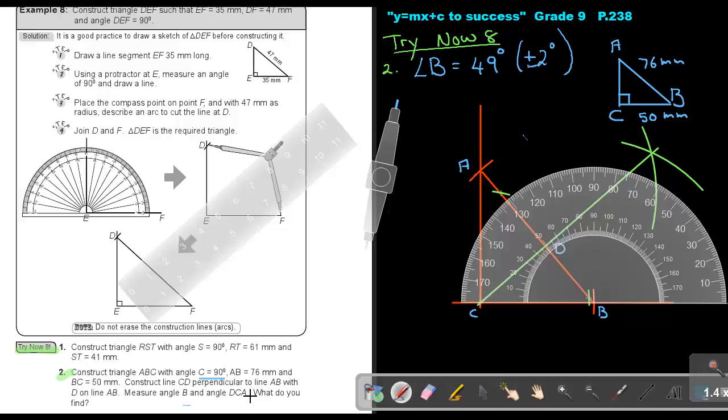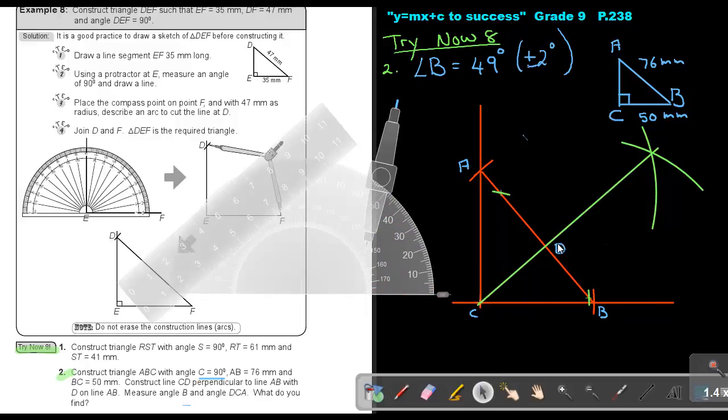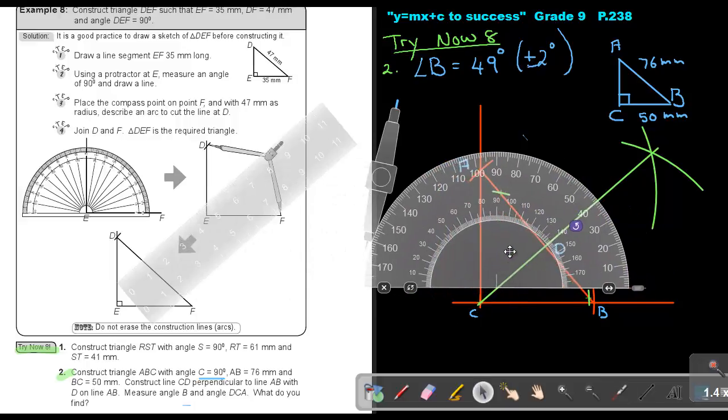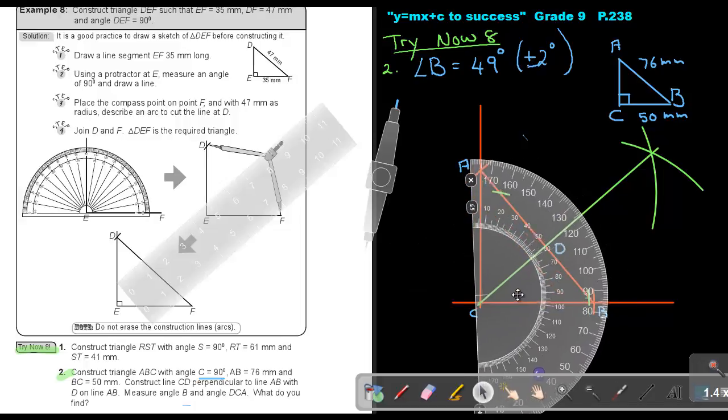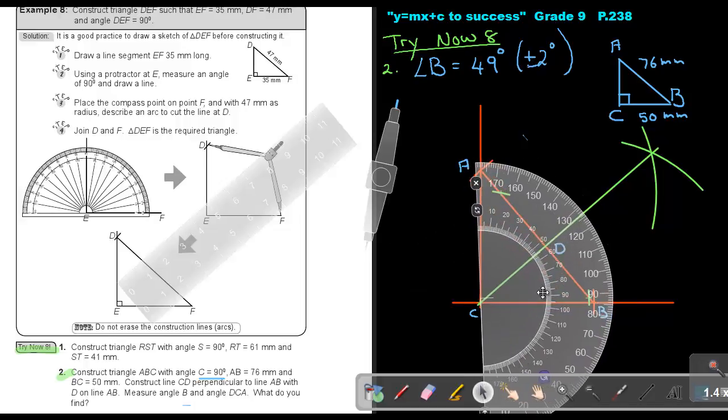Measure DCA. Okay, can we just move it to see where it is? D, can I show you? DCA. This angle. So let's just move the protractor again. Let's just turn it. So exactly on C, it's still not very good turned.